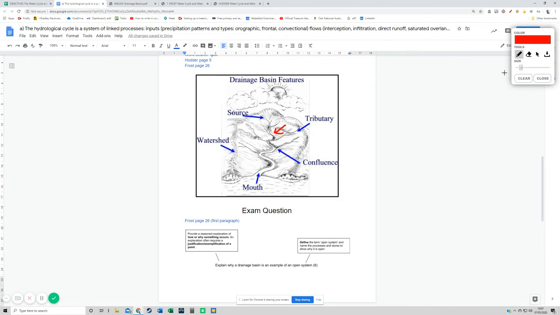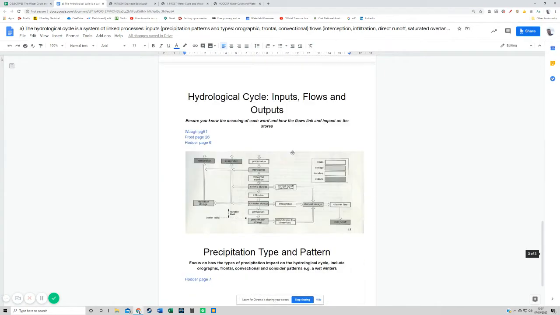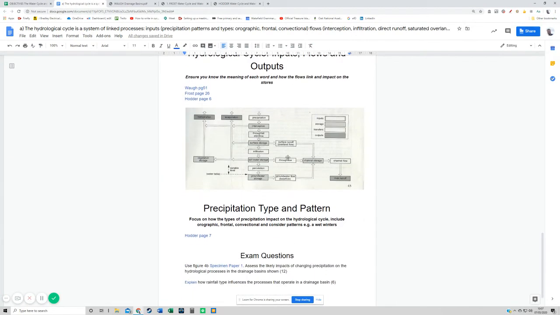And that is throughflow. And that eventually will also end up in the river. So you've got surface flow and throughflow. The surface flow is going over the surface downhill, throughflow is deeper. The groundwater does the same thing and eventually ends up in the channel too.